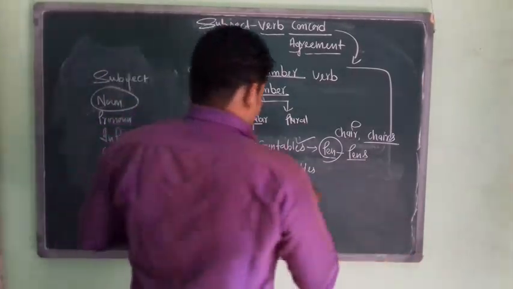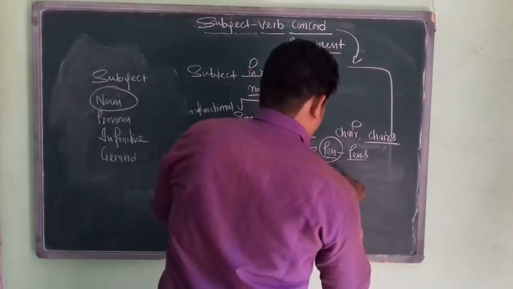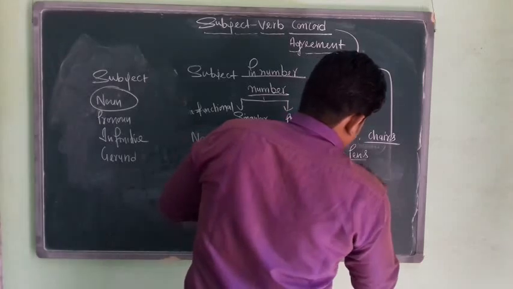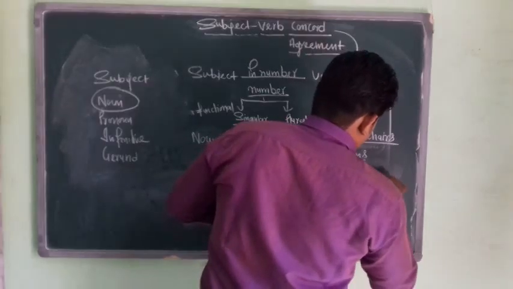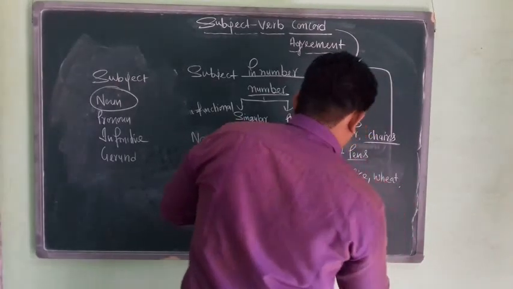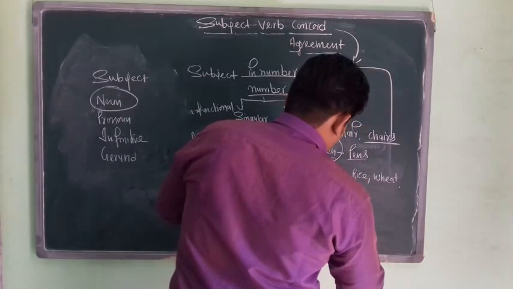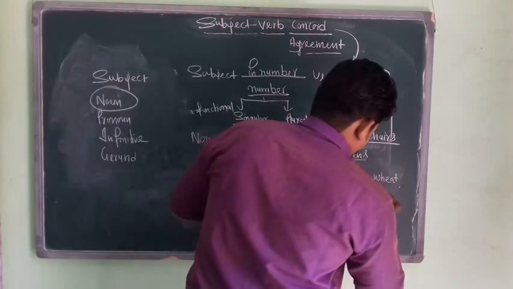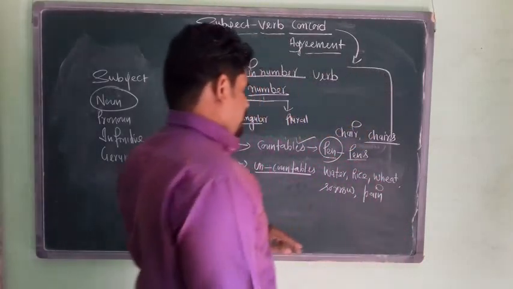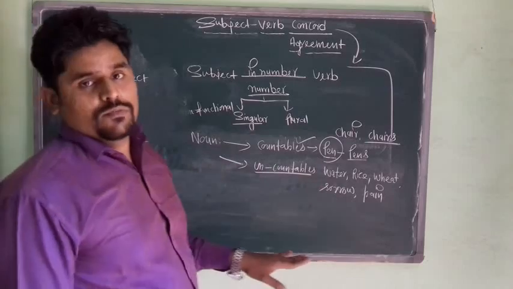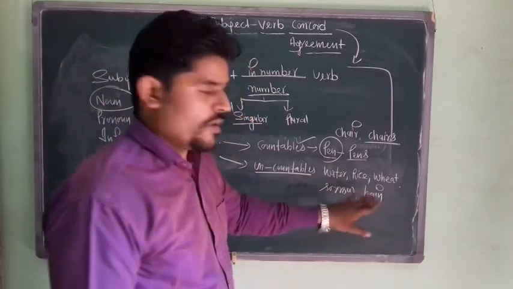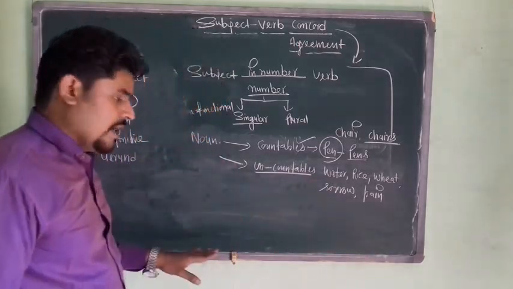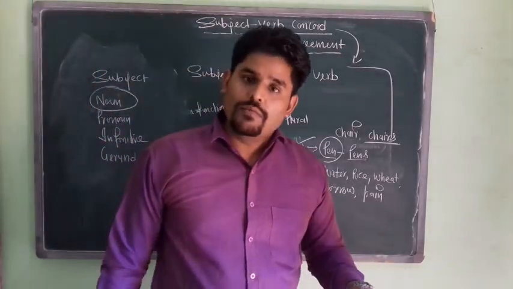But uncountable nouns, for example, water, rice, wheat, sorrow, pain. These nouns are uncountable nouns, and these nouns cannot be formed into plural. So the uncountable nouns can never be used in plural number.